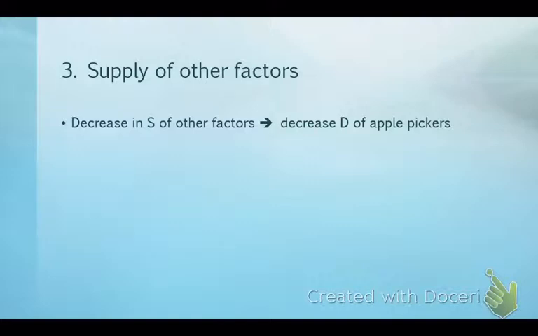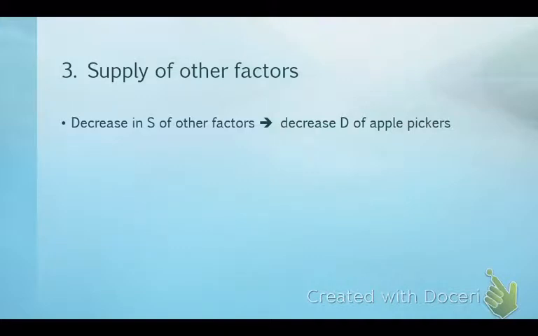Why would the decrease in another factor decrease the demand for apple pickers? Think about apple pickers. Let's say the other factor, the capital factor, is ladders. What happens if there's a decrease in the supply of ladders?